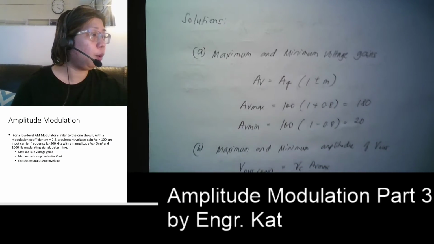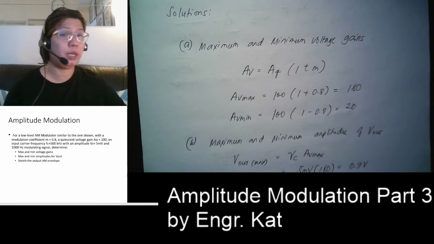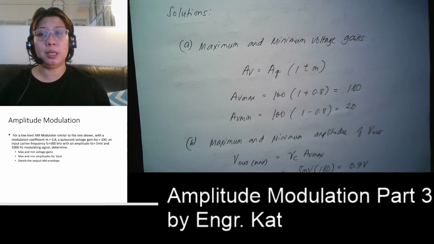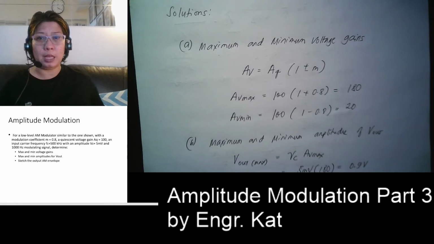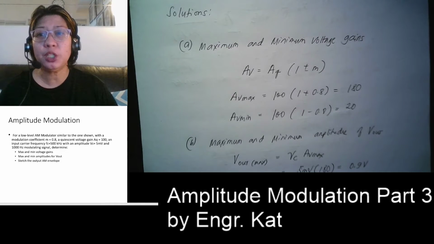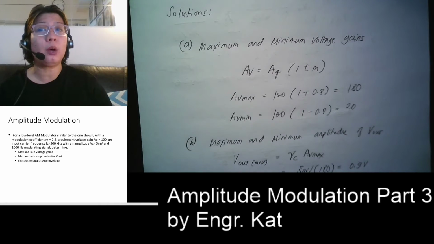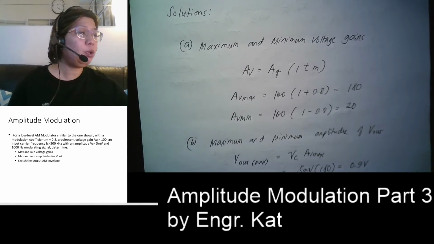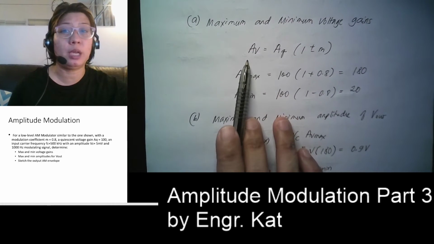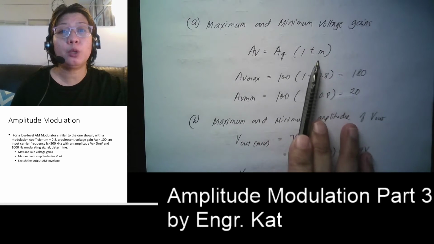To solve for the maximum and the minimum voltage gain, we have to determine the voltage gain wherein the modulating signal was already applied. The given gain there is your quiescent gain, which means it is considered as without the modulating signal yet. So how do we know the minimum and the maximum voltage gain? It is given by A_Q, your quiescent voltage gain, times 1 plus or minus m.